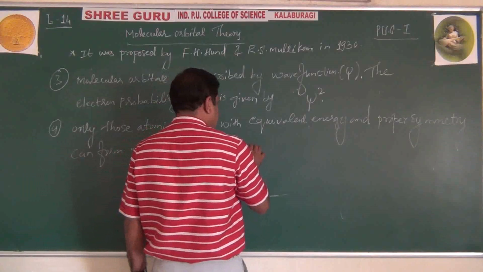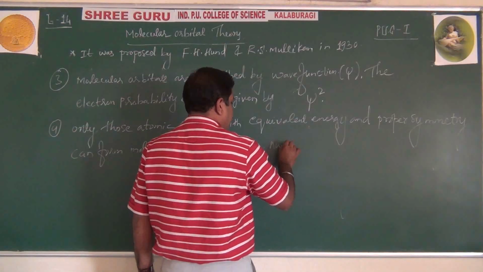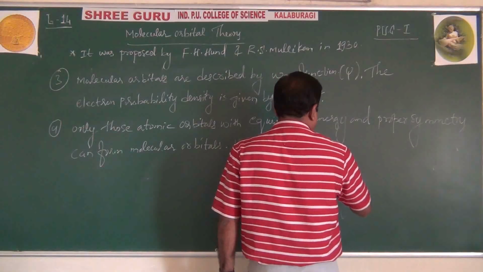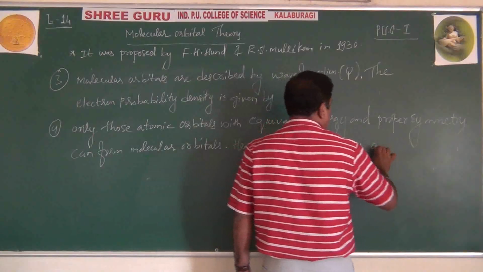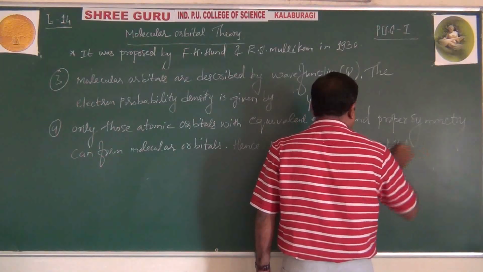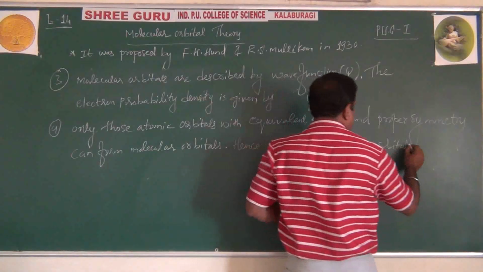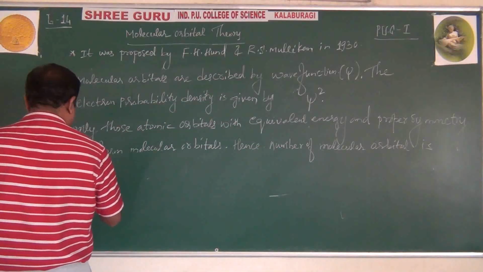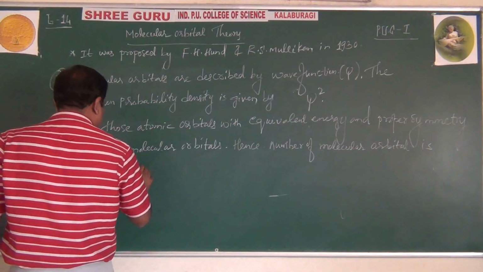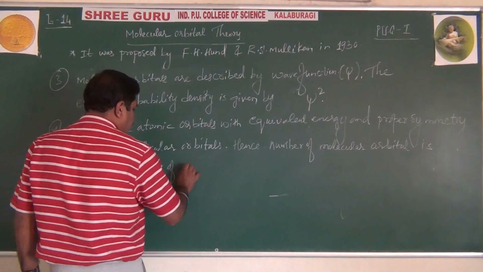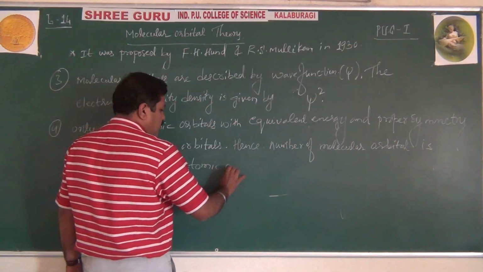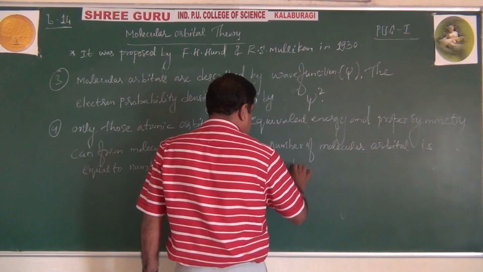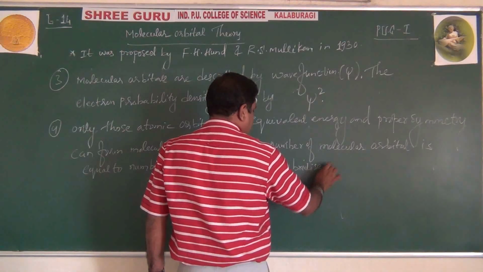Hence, the number of molecular orbitals is equal to the number of atomic orbitals that hybridize or undergo combination.